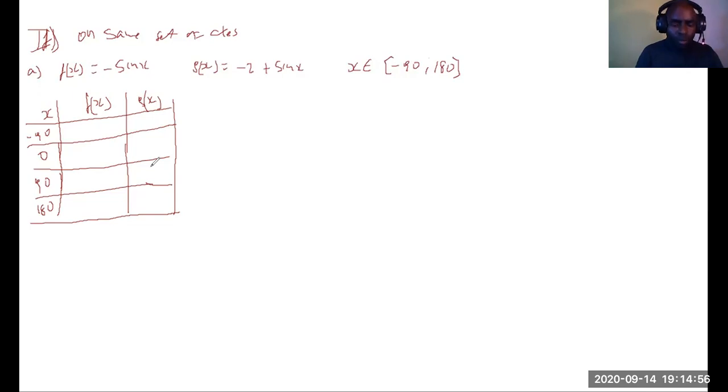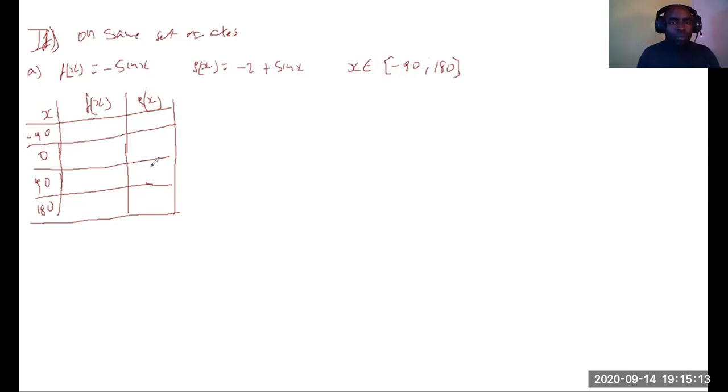Our starting point would be minus 90, and our end point would be 180, and our steps would be 90.